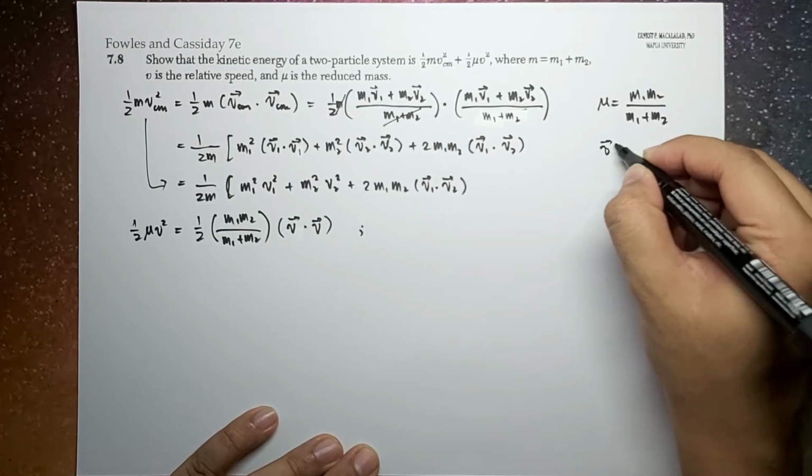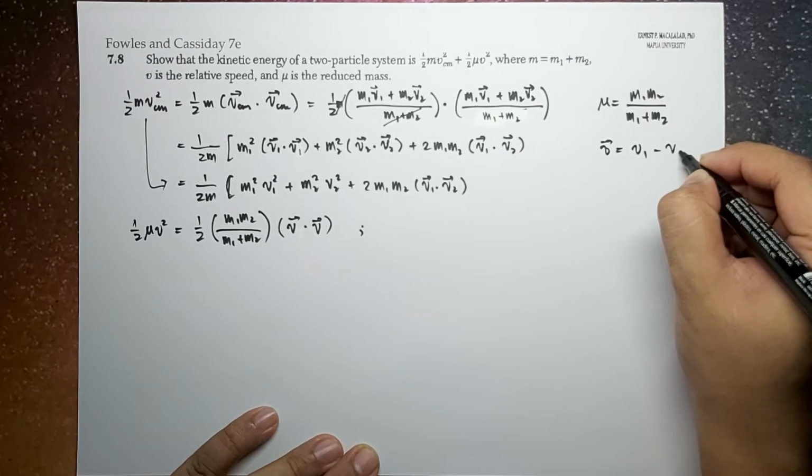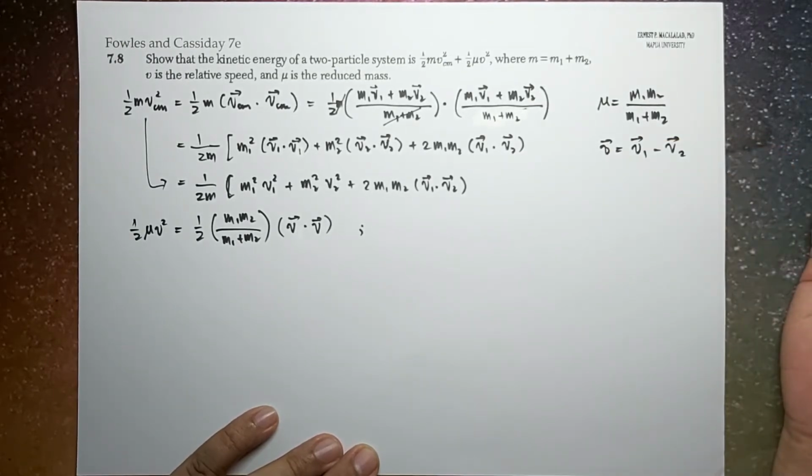So that means V is the relative velocity between particle 1 and particle 2.